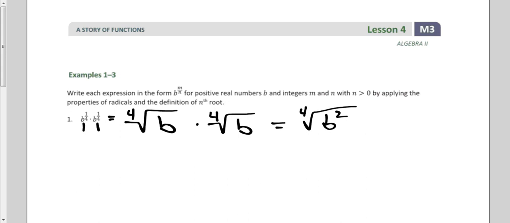What number times itself 4 times gives me 2 squared? What is 2 squared? 4. So I've got to think back. What times itself twice gets me 2 squared? Well, 2, right? 2 times 2 is 4. But now I've got to do another time. What times itself again gets me to 2?